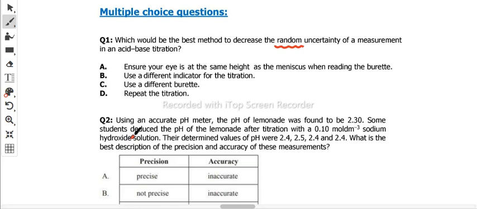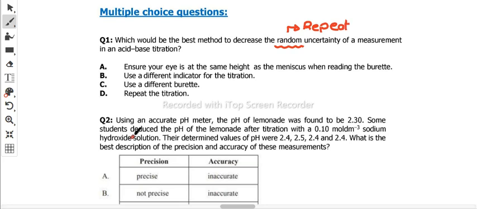You can go back to the types of error. We discussed previously that any time we want to reduce random error, we need to go through repetition. So we need to repeat the experiment several times. This is so important before starting reading the possible answers.